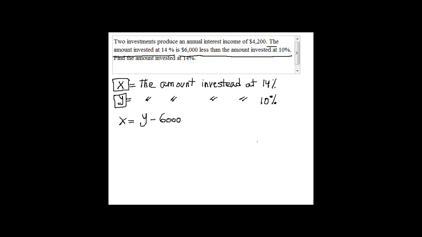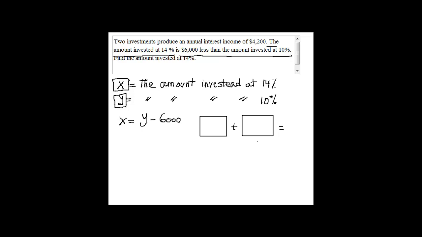Now, to come up with the other equation, let's look at some figures here. If the amount invested in the first account is right here, and the amount invested in the second account is right here, you're adding these two, and you're getting something out of this. How much do we get out of this investment altogether?